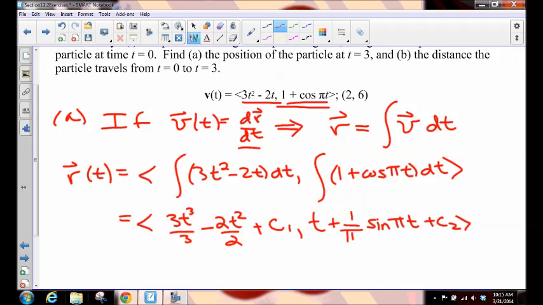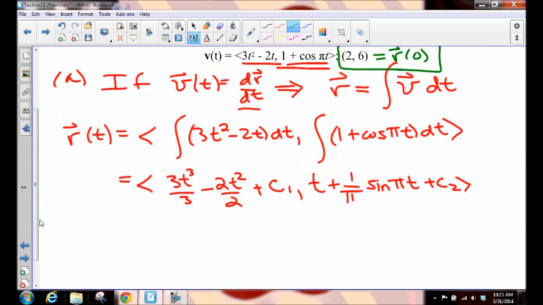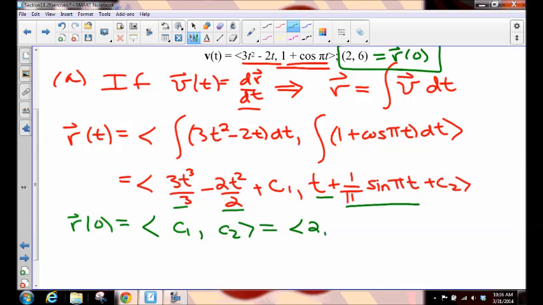To figure out what these constants are, we're going to use the information we were given at the beginning, which is the initial position, r of 0. R of 0 means we substitute in 0 every place that we see a t. So this is going to be 0 minus 0 plus c1, and 0 plus 0 plus c2, and that has to be equal to 2 comma 6, which tells us that c1 is equal to 2 and c2 is equal to 6.